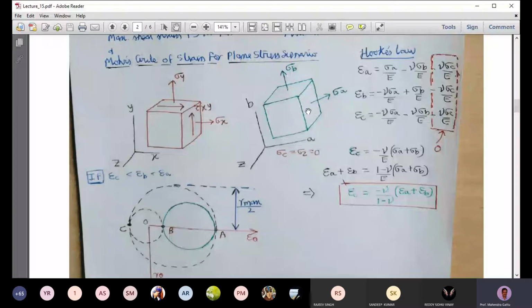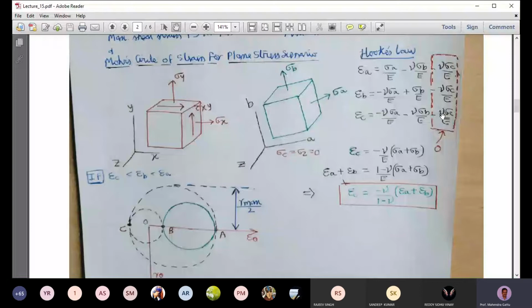So Hooke's law will be epsilon A equals sigma A by E minus Poisson ratio nu times sigma B by E minus nu times sigma C by E. Then we'll get epsilon B, the strain in the B direction, as minus nu sigma A by E plus sigma B by E minus nu sigma C by E, and epsilon C, the strain in this Z direction, as minus nu sigma A by E minus nu sigma B by E, sorry, this is a correction here, this is plus sigma C by E. I made an error here, please correct it, it is plus sigma C by E.